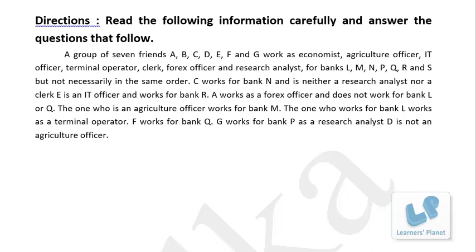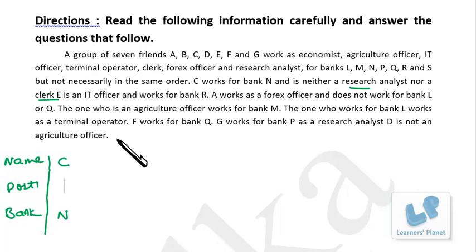A group of 7 friends works for banks. Okay, so we have 3 variables: name, post, and bank. C works for bank N, but is neither a research analyst nor a clerk.